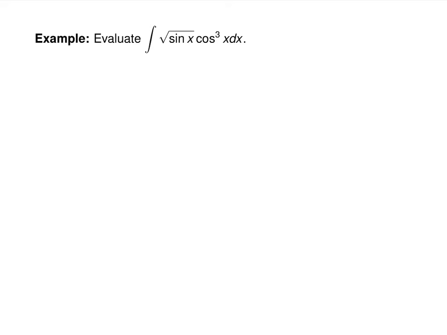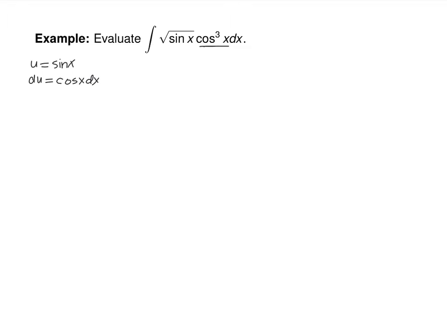And both powers don't have to be odd, only one of them has to be odd. So in this case, if we take off a cosine and save it, we're thinking we're going to let u equal sine. And also it would probably be best to let u equal the thing underneath the square root sign. So let's let u equal sine. That means we have du as cosine x.